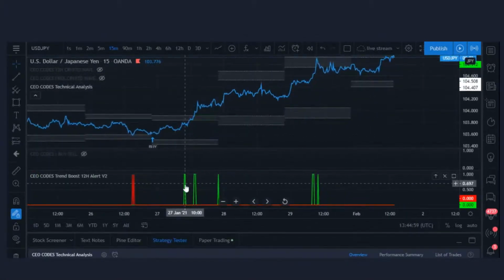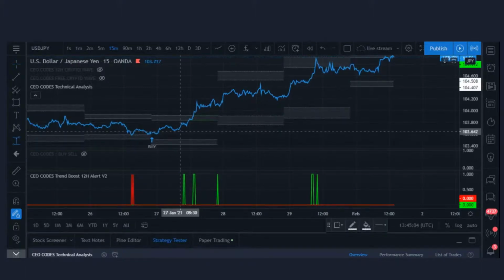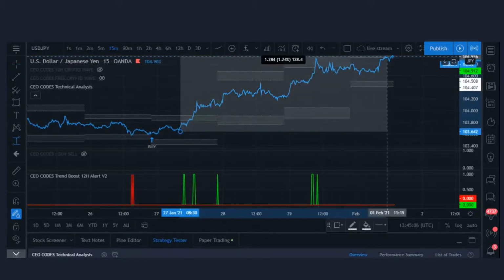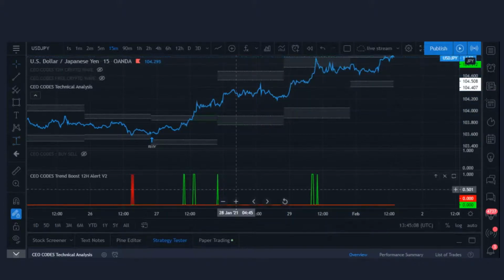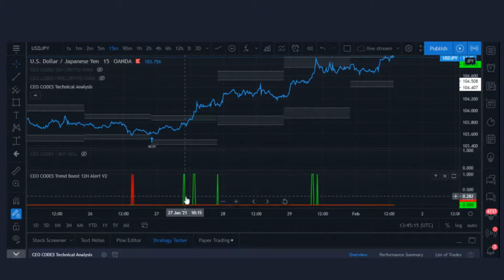It's zero repaint. Look how much I made there. 128 pips. This indicator shows you green is buy, red is sell, and it does not repaint. I keep saying it.